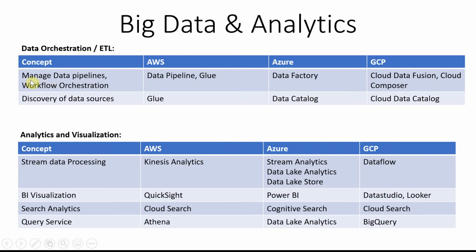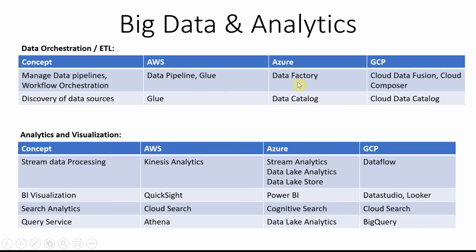So in this concept, you have to manage the pipeline of data, and also there will be workflows that you need to orchestrate. In that category, in AWS we have Data Pipeline or Glue.